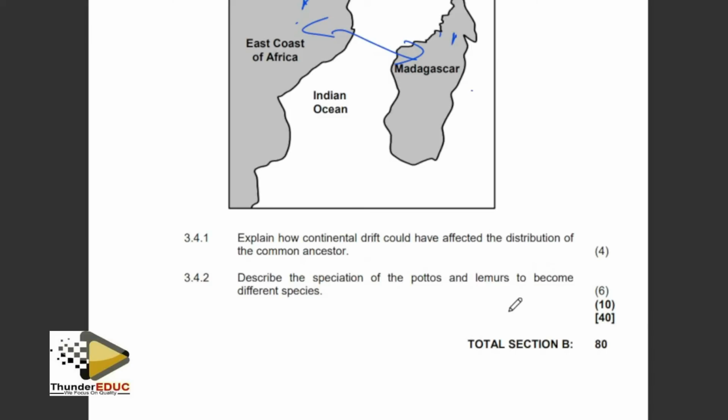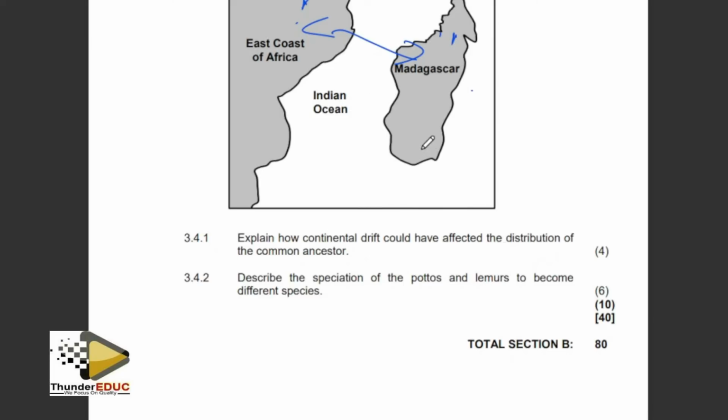If you don't do that, and you say the population was divided into 2 different species by the ocean, you are gone. You have lost the marks. The paper has killed you. You didn't kill it. I think you understand what I'm saying.